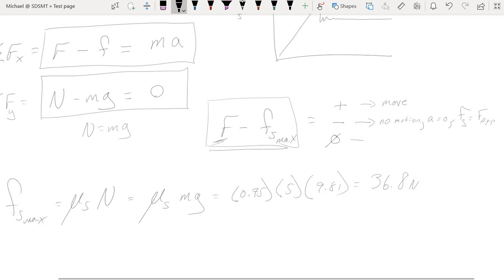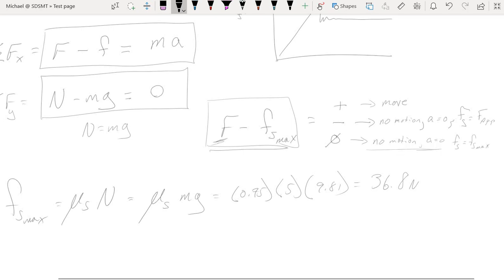And then, let's say in a very rare case, we ended up with a perfect balance here, where the applied force is equal to the maximum static friction. In this case, we would also have no motion. The acceleration would be 0, and the static friction would have to equal the maximum.